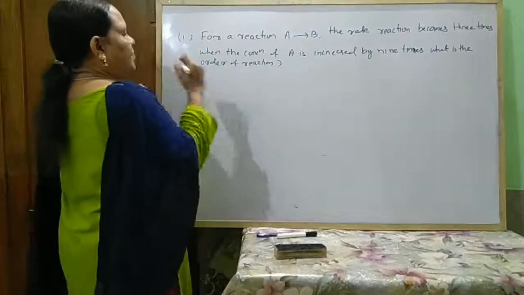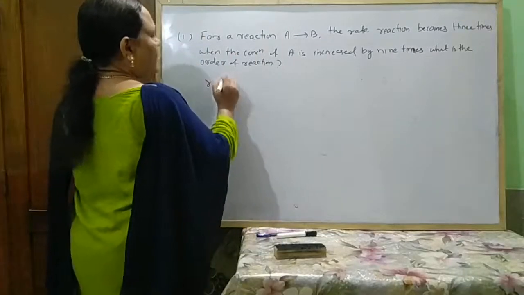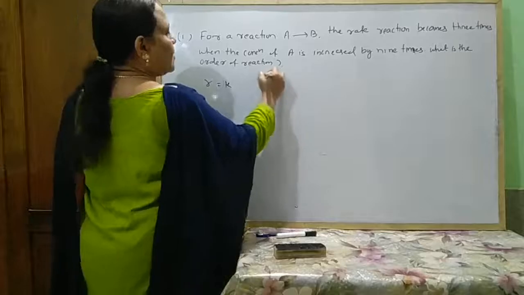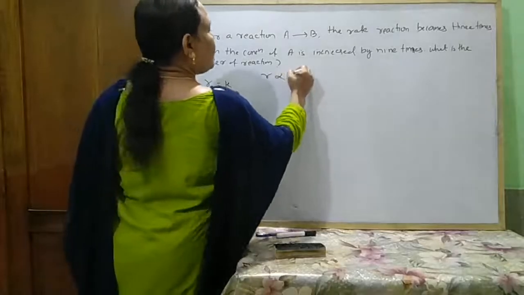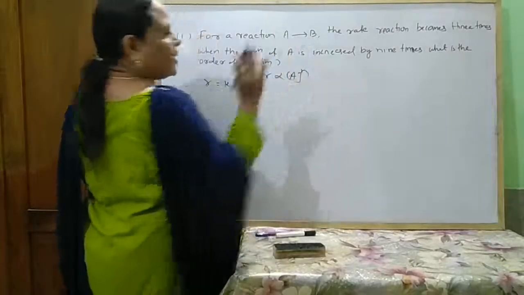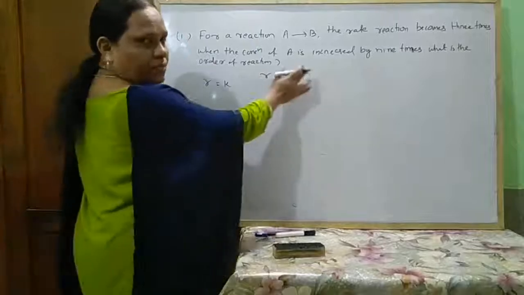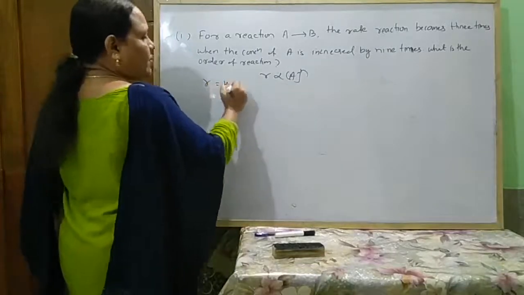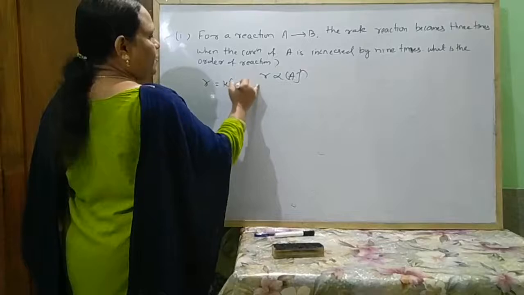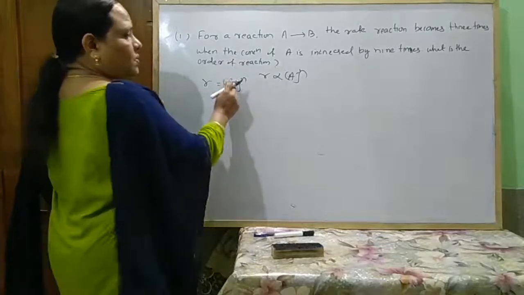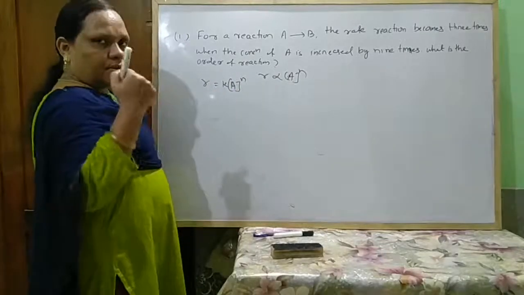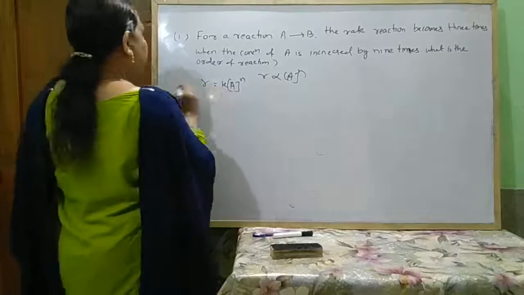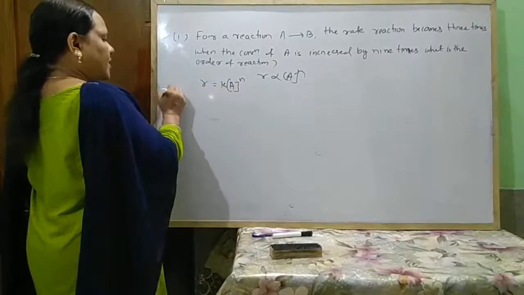So first, R is proportional to A to the power N. We don't know what N is, we have to find N. So R equal to K into A to the power N. Suppose this concentration is A moles per liter.